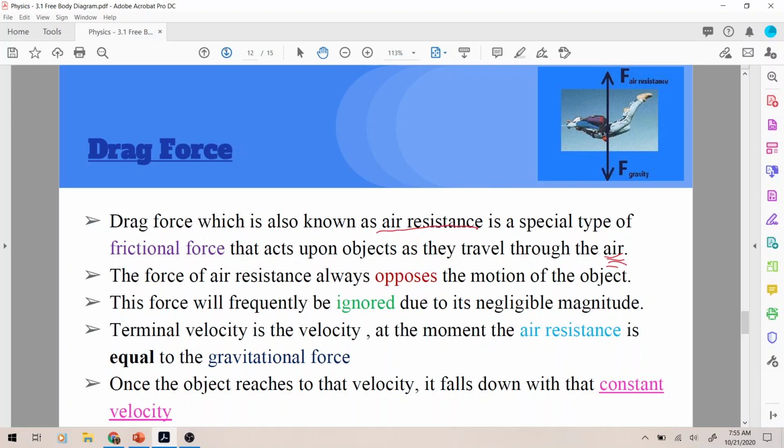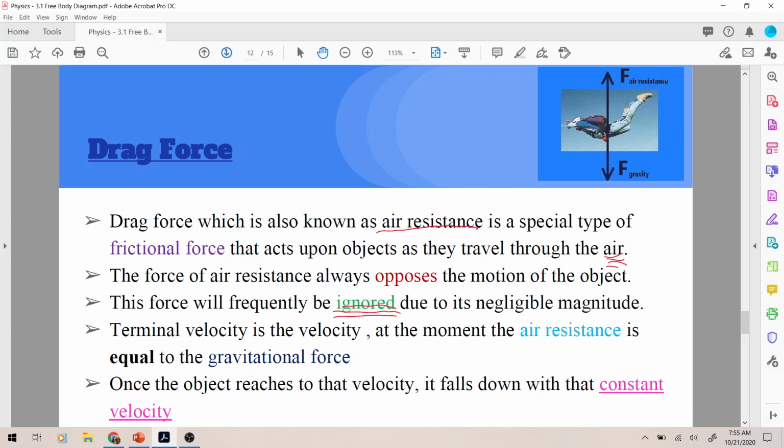That's a better definition. And the force of air resistance always opposes the motion of the object. So same idea as friction, it is going to oppose the movement. And the force will be frequently ignored. Okay, the friction force, air resistance or drag force, they are going to be ignored most of the time.